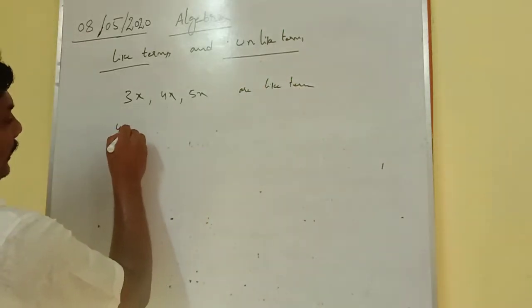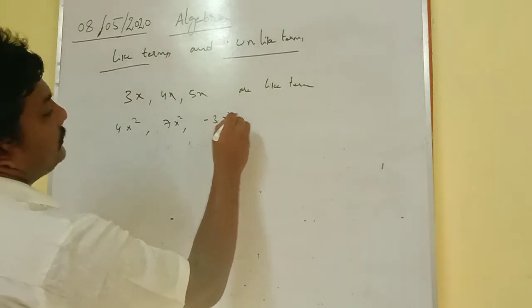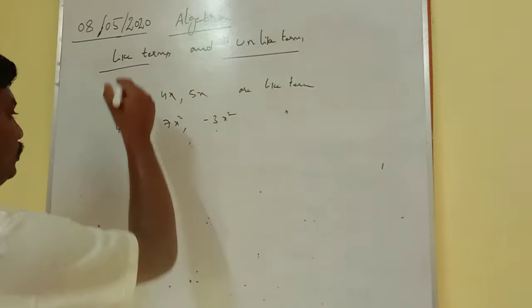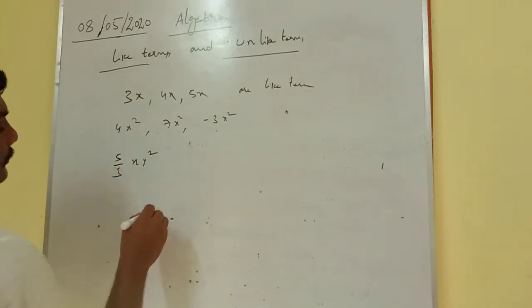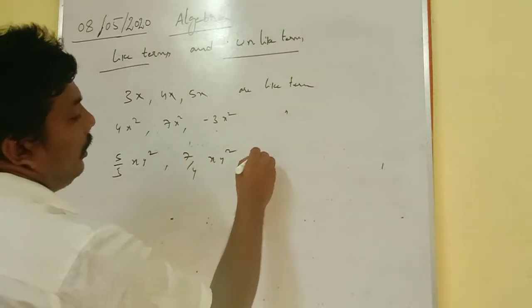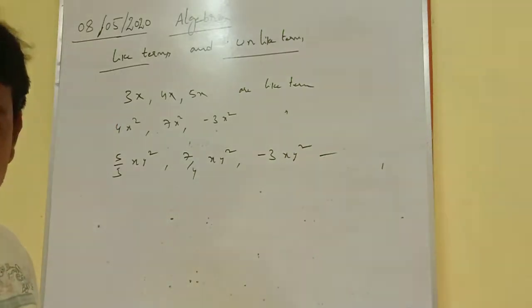Suppose 4x square, 7x square, minus 3x square, all like terms. Now coming to 5 by 3 xy square, 7 by 4 xy square, or minus 3 xy square, also like terms.